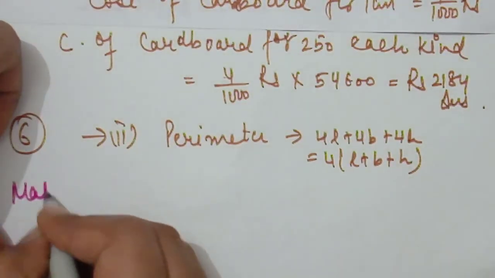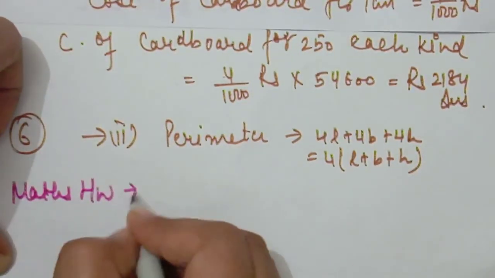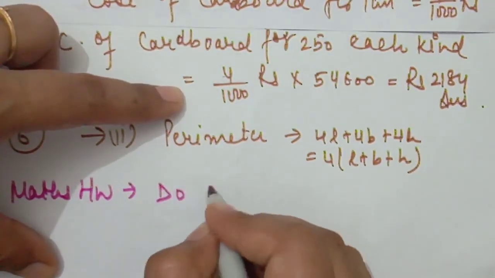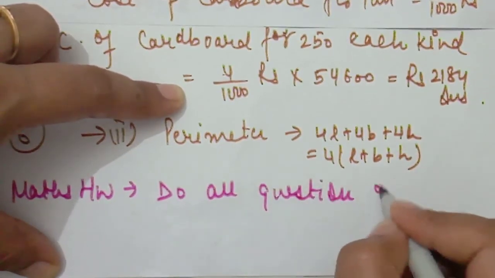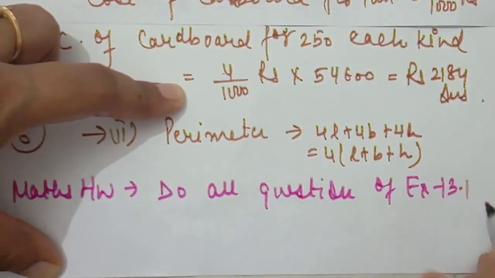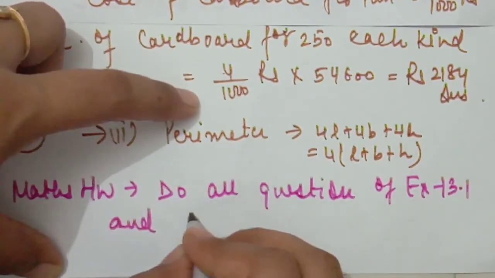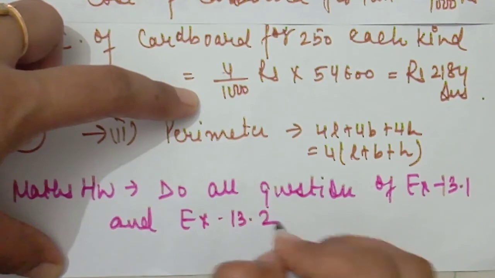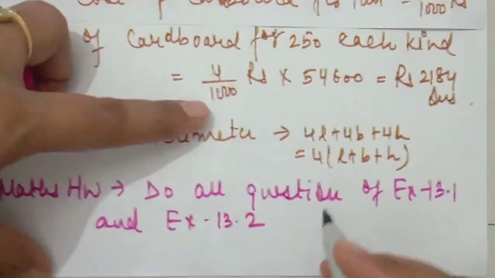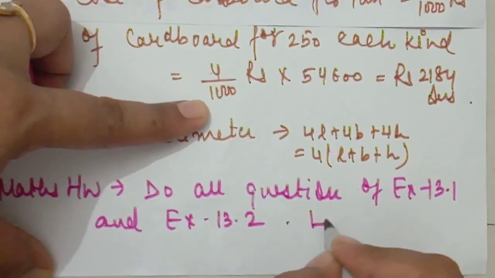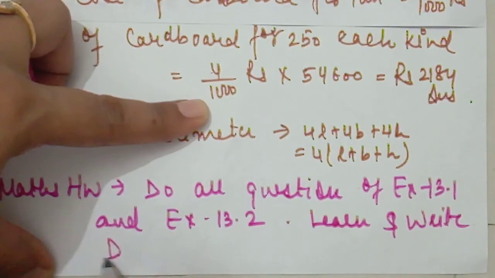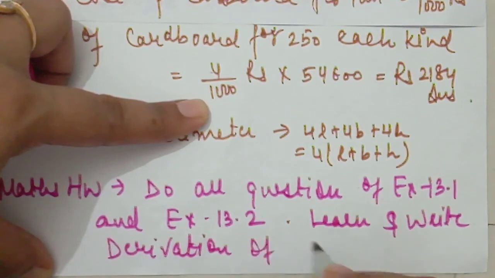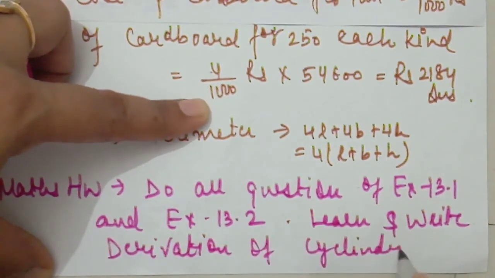Today's maths homework is: you have to do all remaining questions of exercise 13.1 and exercise 13.2, and learn and write the derivation of the cylinder formula.